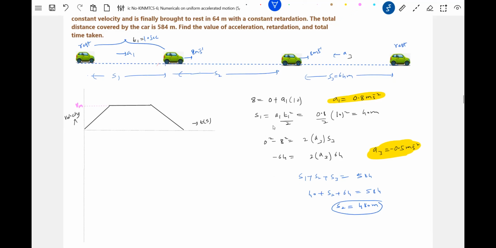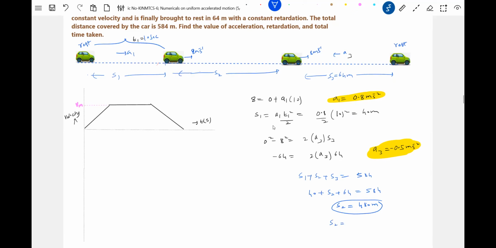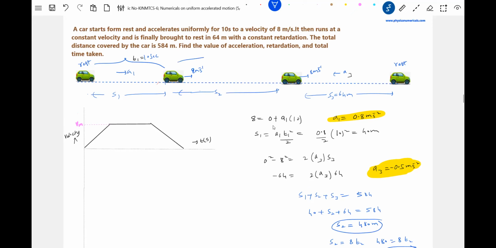Can we calculate the T2? S2 should be equal to 8 into T2. So 480 equal to 8 into T2, T2 is 60 seconds. For 60 seconds, it will move with a constant speed. And the total time taken, we are asked, needs this T3. I think this is very easy, no?